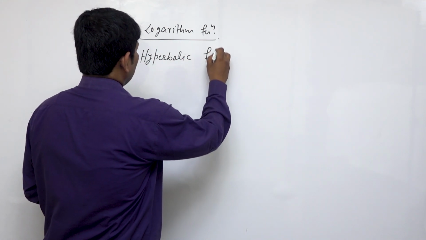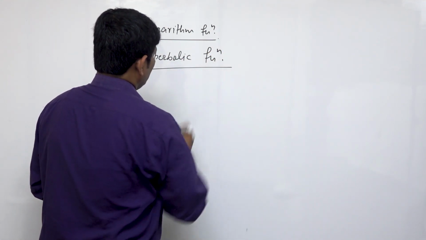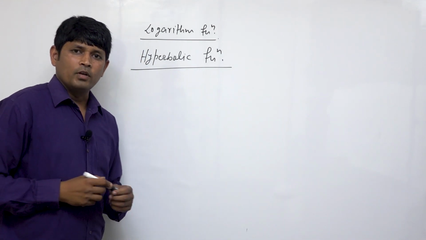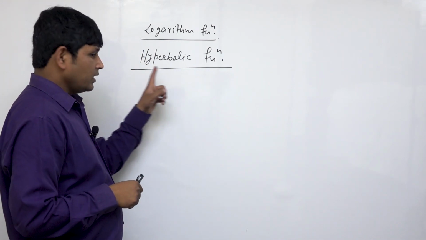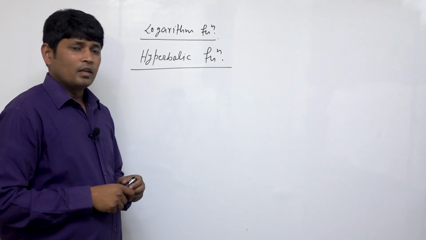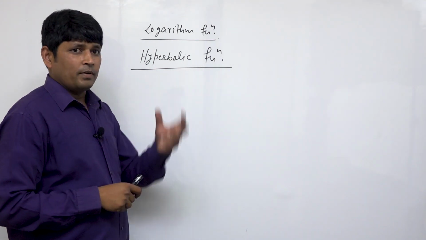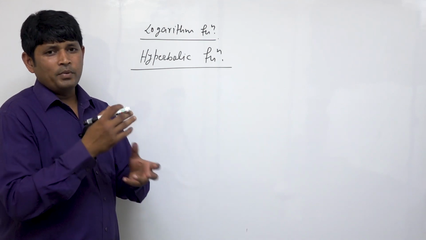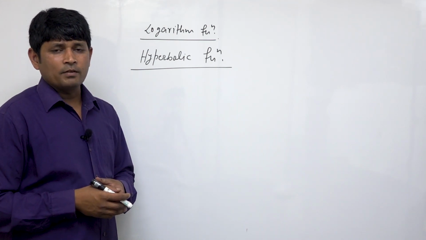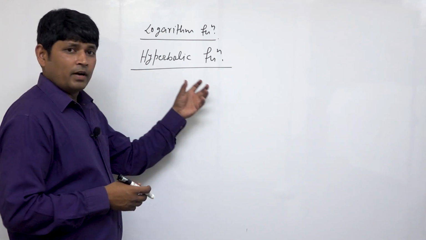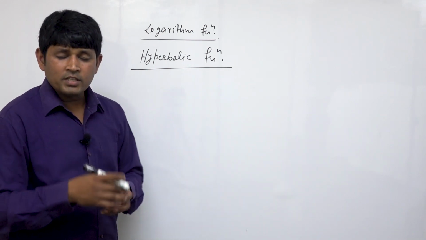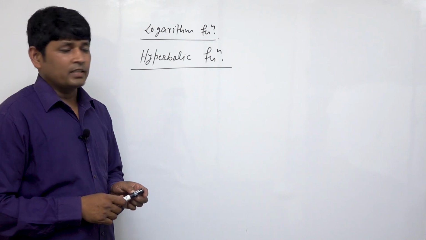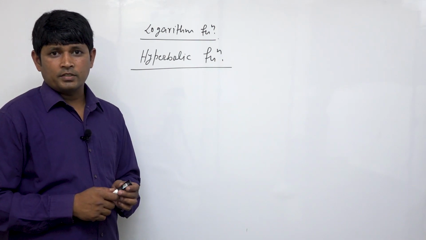Hyperbolic function. How to define hyperbolic function? So hyperbolic function is defined on the basis of exponential function. By combination of exponential functions, a function is defined, and that is called hyperbolic function.